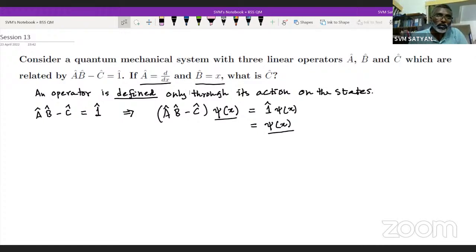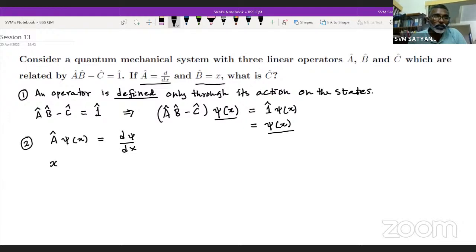So now, this is one important learning that you have to keep in mind. Second is that when A is operating on psi of x, that means it is d psi by dx.